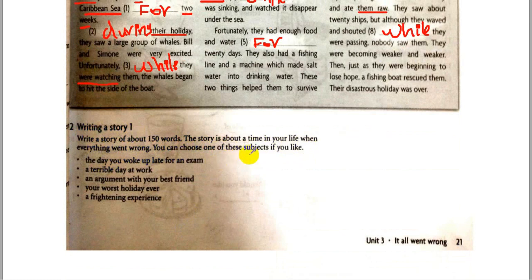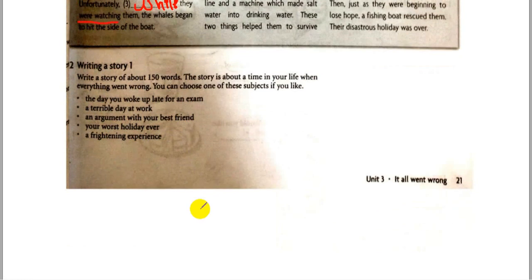You can choose one of these subjects if you like: the day you woke up late for an exam, a troubled day at work, an argument with your best friend, your worst holiday ever, a frightening experience. هذا homework. ممكن أن تكتب هذه العناوين. نلاحظ أن هنا لازم تكون الكتابة بصيغة الماضي، لأنك تكتب عن حادثة حدثت لك في الزمن الماضي.